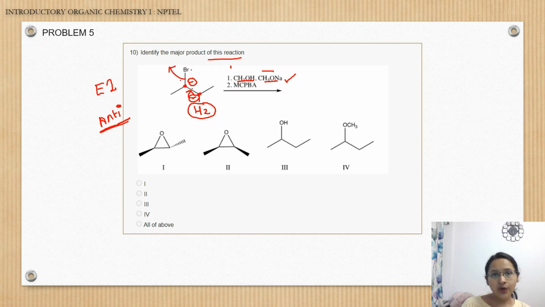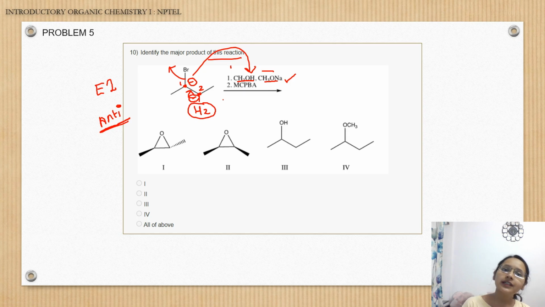The generation of the carbanion at carbon number 1 is not giving you any kind of alkene or elimination reaction. Here, if the carbanion is generated, then again it will take a proton from this methanol and get protonated again. So there is no fate for this carbanion generated at carbon number 1.